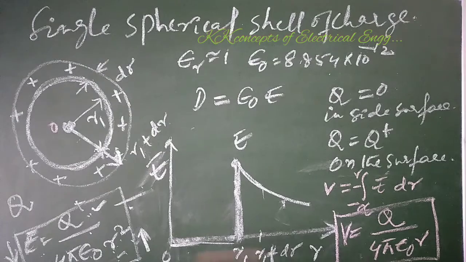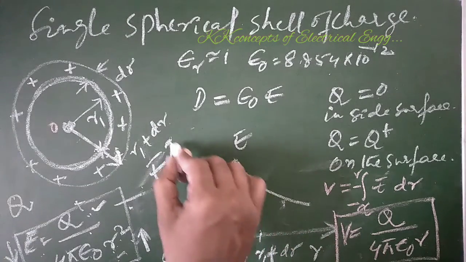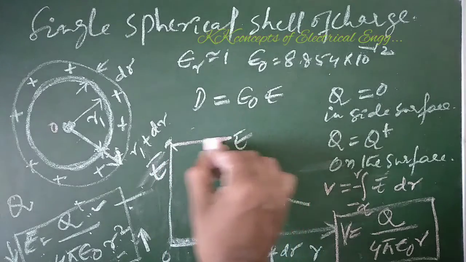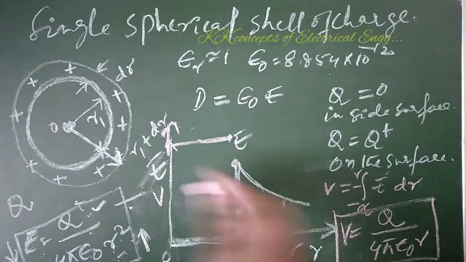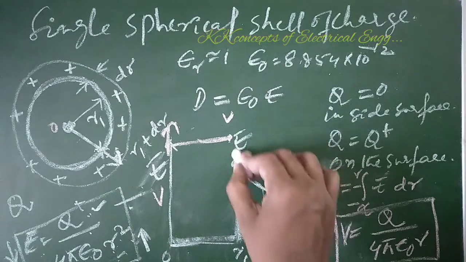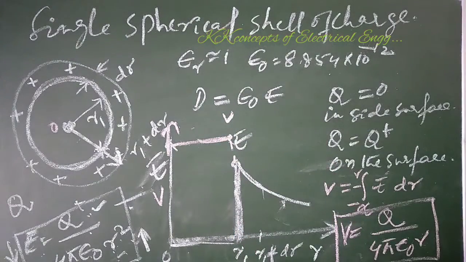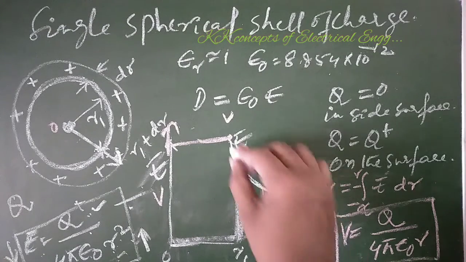When you compare these two formulas, E and V, here R square value is more than R value, or else the denominator of E is more than the denominator of V. Then the total value of V is always more than the total value of E, and inside the sphere the value of V remains constant up to the point R. At the point R, V equals Q by 4 pi epsilon naught R. Then as R increases, the denominator increases and the total value decreases.